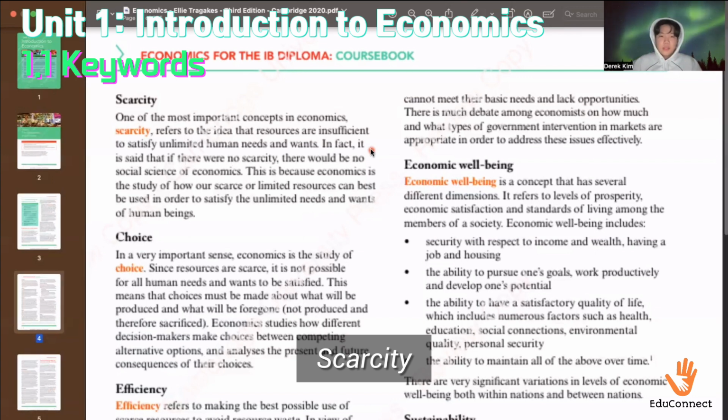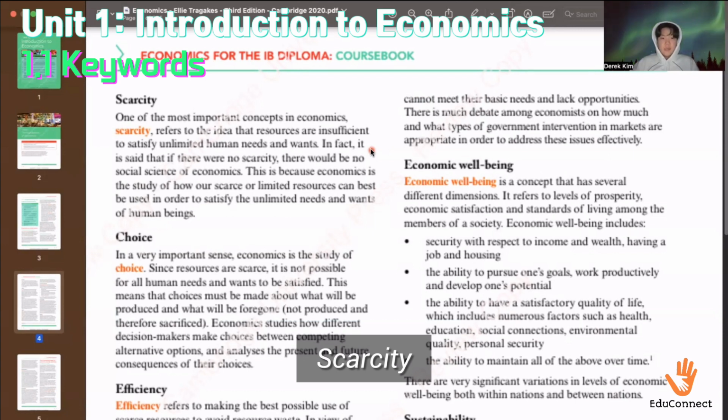There is no way to satisfy all of these infinite needs and wants, because there are around 8 billion humans as of the most recent time I checked, and each human has many wants and many needs, and the resources available to us, unfortunately, are insufficient to satisfy all of these needs and wants.